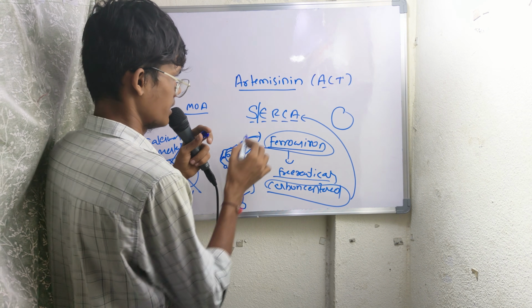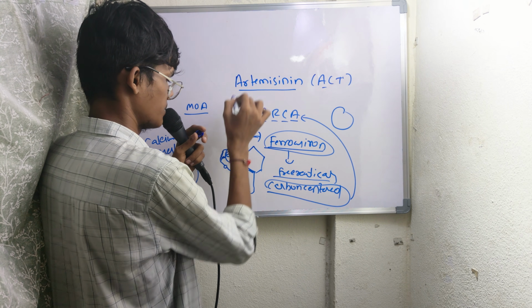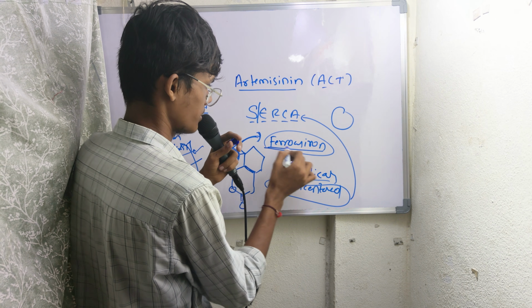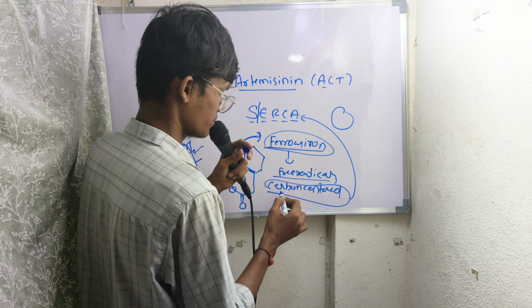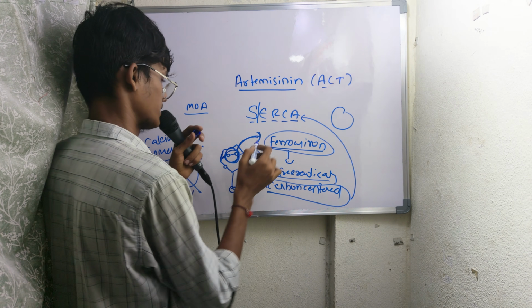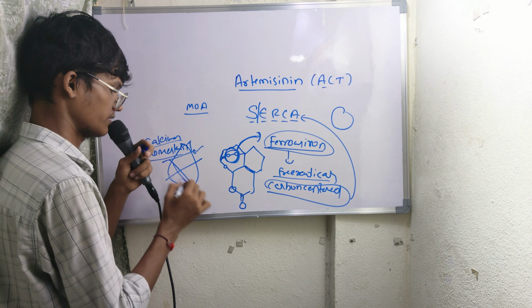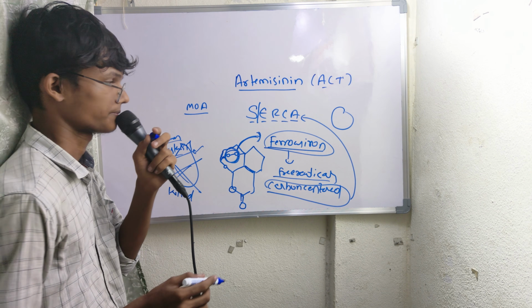In our drug artemisinin, we have the endoperoxide bridge that will react with the ferrous form of iron. Free radicals are produced. This will act on the SERCA, which impairs the calcium homeostasis and eventually kills the parasite.